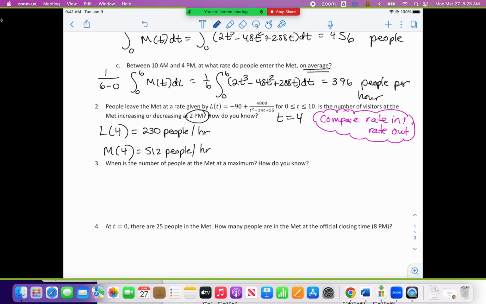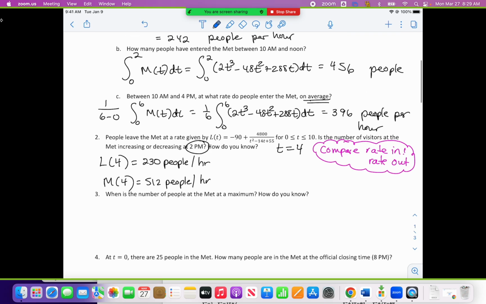If you made a negative leaving. Yeah, I was thinking of it in the context of how many people go in. So if L is stated to be the rate at which people are leaving, then you're not going to put a negative because it already represents leaving. That would be like a double negative.